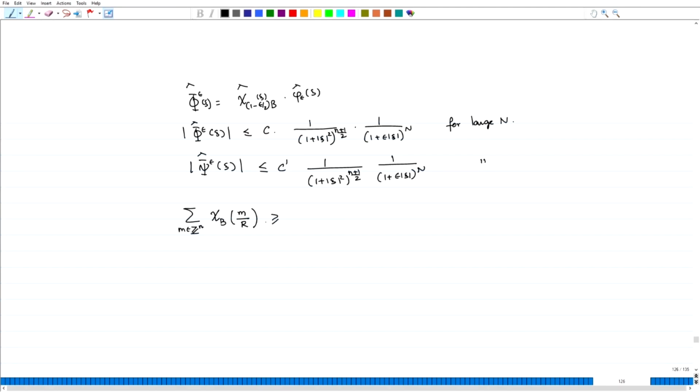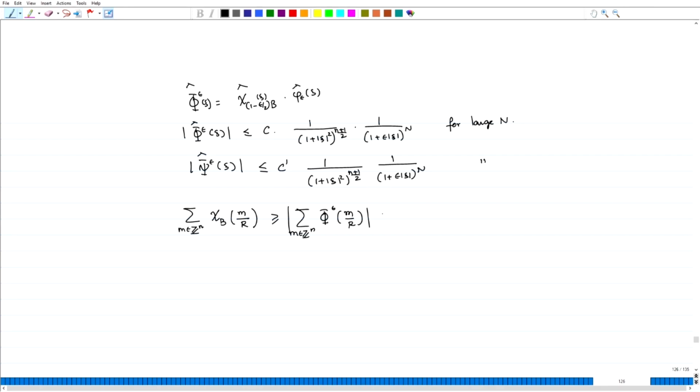So this is definitely going to be greater or equal to the summation over m in Z^n of phi epsilon of m by r, and this is a non-negative quantity. So this is greater or equal to this, and what we have seen is that phi epsilon as well as phi epsilon hat has the appropriate decay property.